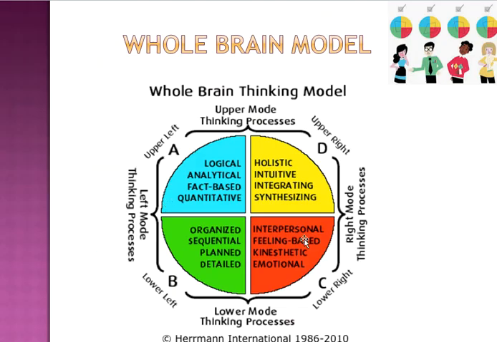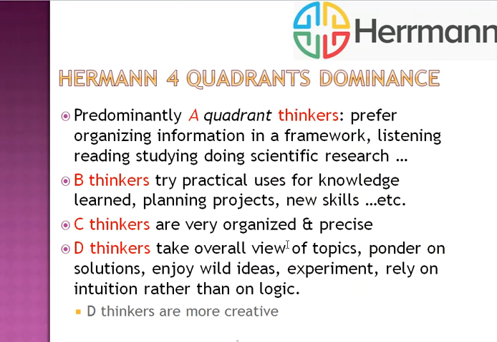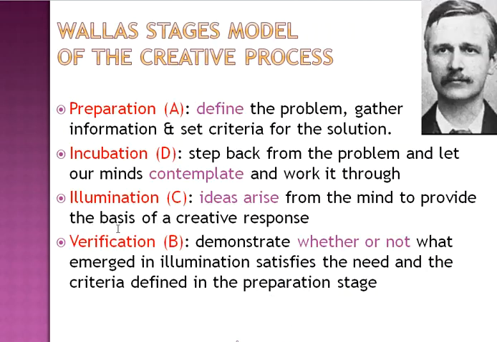Quadrant C is here. So we start with A and then D and then C. C is the illumination quadrant, where the ideas arise and solutions are found from the mind to provide the basis for a creative response.